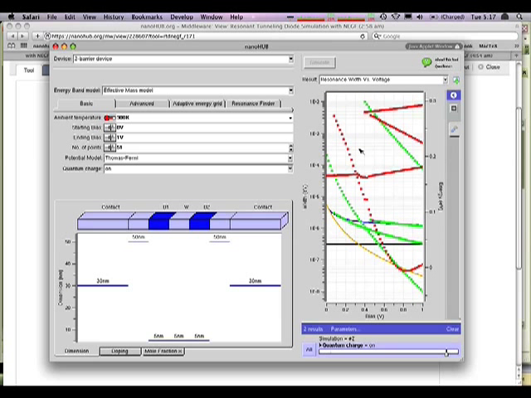Here we see the central resonance C1 being weakly dependent on energy. Here is the resonance E2 in the emitter. It's actually broader than the central resonance.